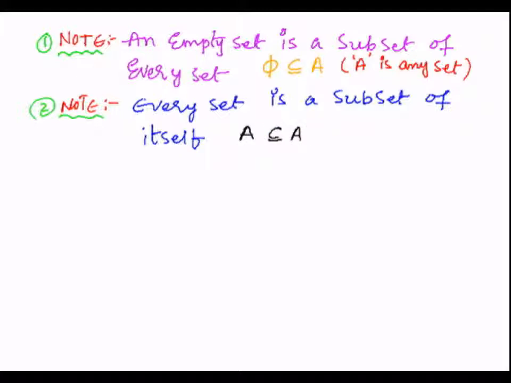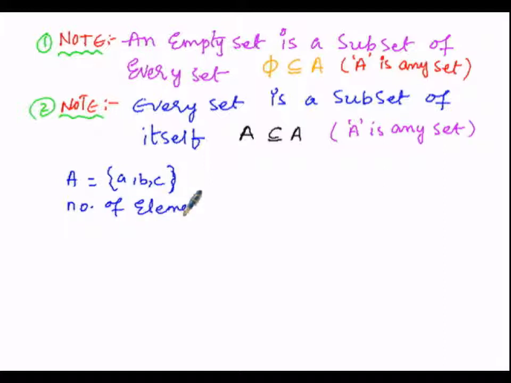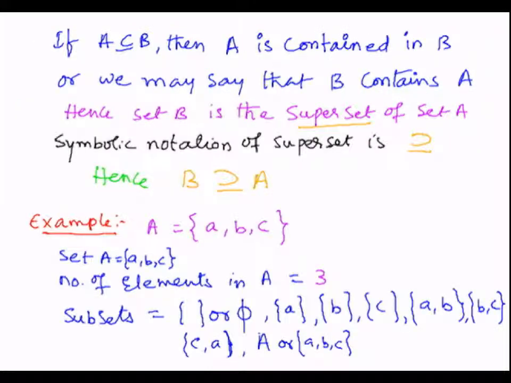Whereas as per the previous example, set A consists of the elements A, B, C, so the number of elements in set A is equal to 3. The number of subsets, as per the previous example, are 1, 2, 3, 4, 5, 6, 7 and 8. There are 8 subsets which we got.